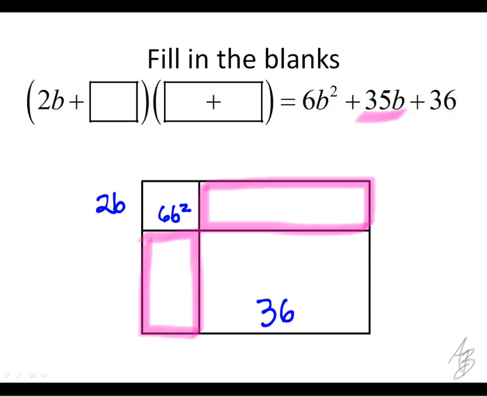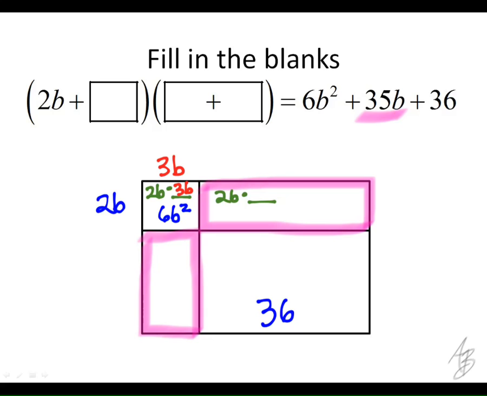All right, so let's fill in what we can here. I know that since the height of this rectangle right here is 2B, then I'm going to take 2B times something here. And I'm also going to take 2B times something here to get the area of this when I get there. And what do I multiply by 2B to get 6B squared? That'll be 3B. And so since that's 3B, I know this width here is going to be 3B.